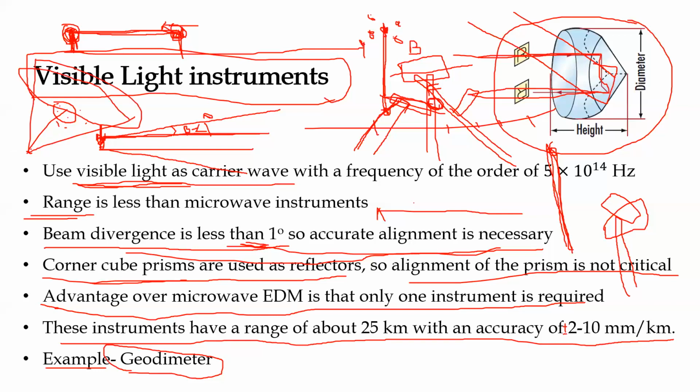But since the beam is not diverging, it is like a laser beam, so you have to be very very careful while placing the reflector because it goes like a straight line. So you have to place your reflector only on the line of sight.